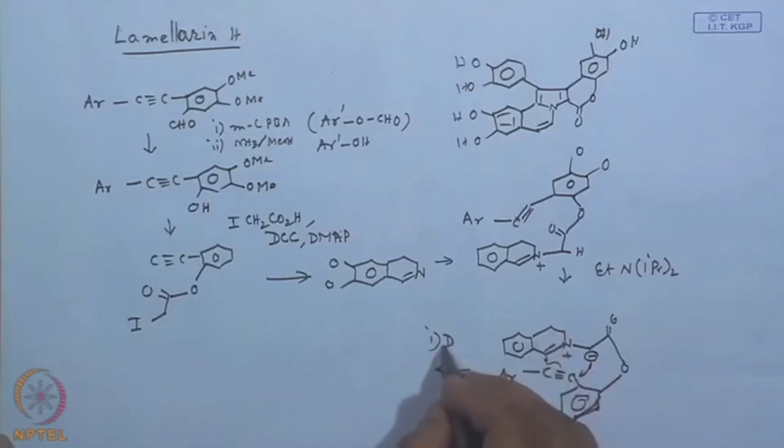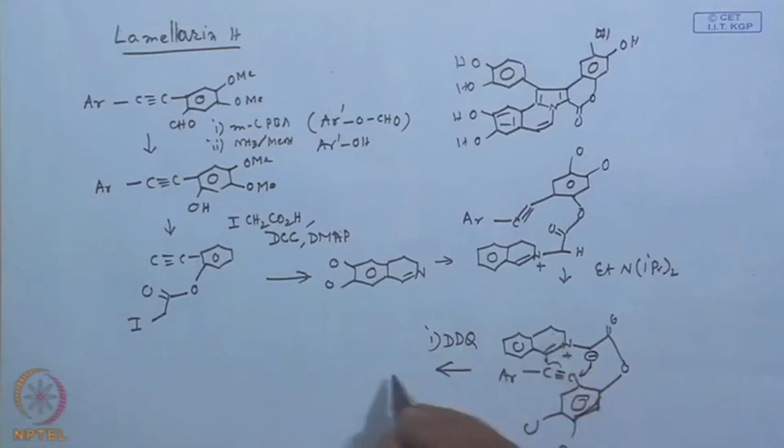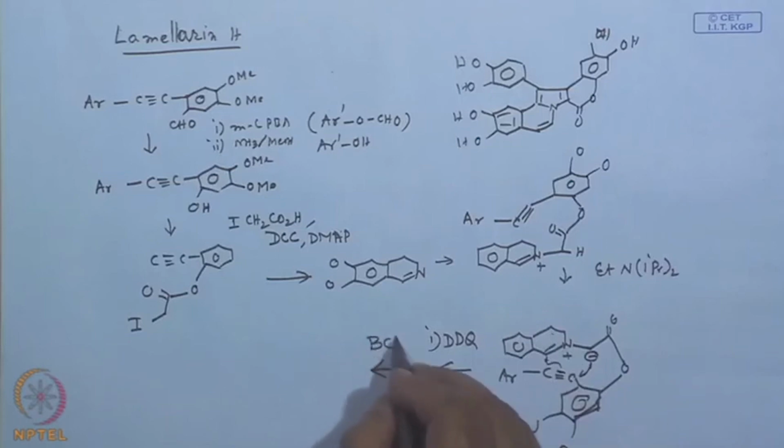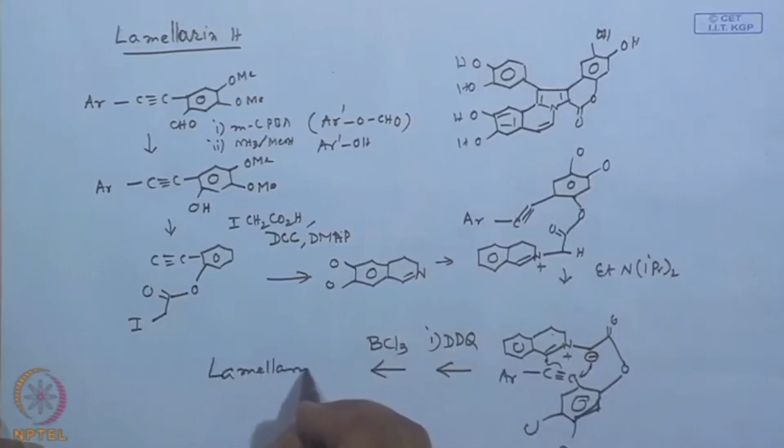So, you treat this with DDQ, dichlorodicyanobenzoquinone, and that would aromatize this quinoline ring, and then subsequently you treat this with boron trichloride, a reagent known for O-demethylations. So, you get to the compound called lamellarin.